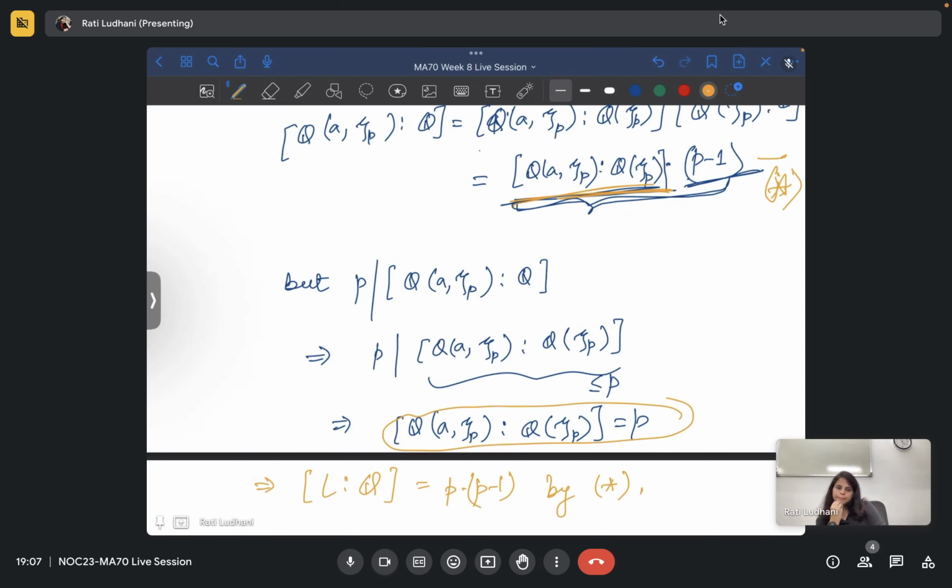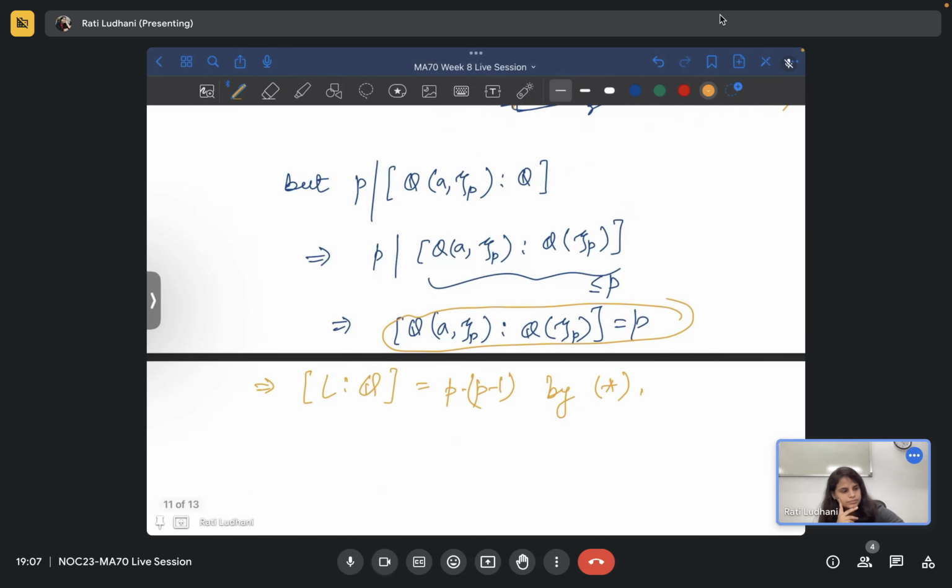So that was the thing. We have used everything with Galois extensions, and so now we got that L over Q is a Galois extension.